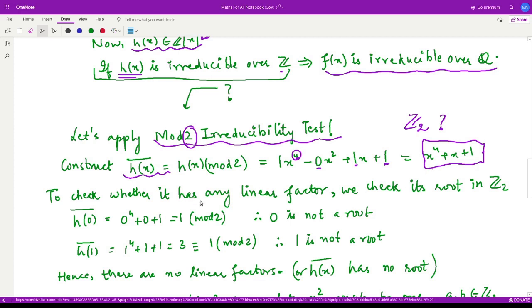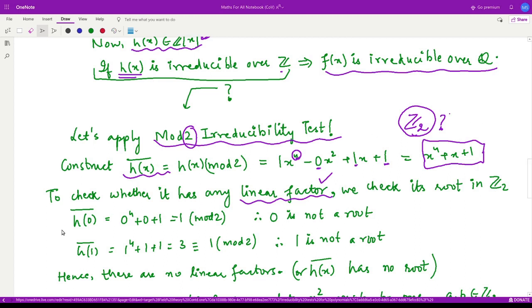Let's start with the linear factors. For linear factors, we just check whether this polynomial has a root in Z2 or not. If yes, then it would have linear factors, and in that case it would be reducible, not irreducible. So for checking that, our set is Z2, and what is that? 0 and 1.